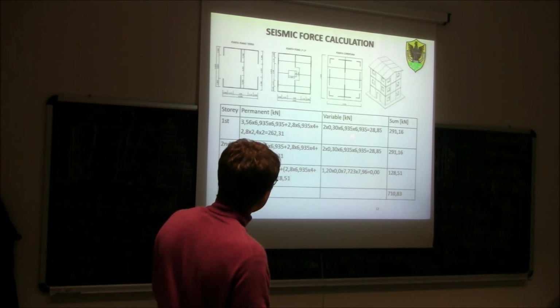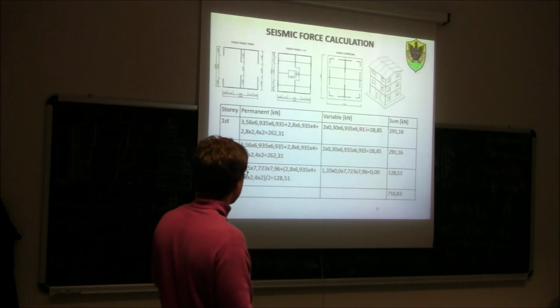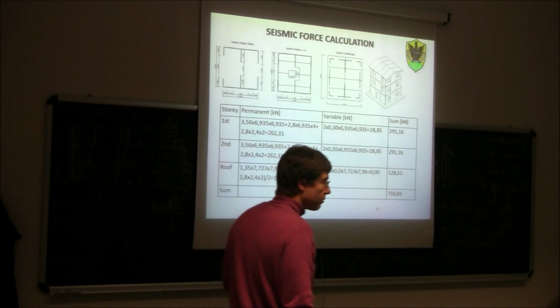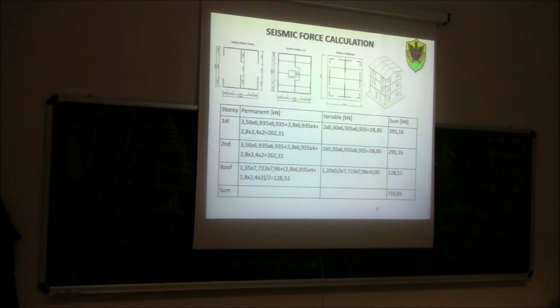The variable one is, again, the area, 6.935 times 6.935, which is the variable load, times 0.3, which is this reduction coefficient. So 262 plus 28, 291.16.